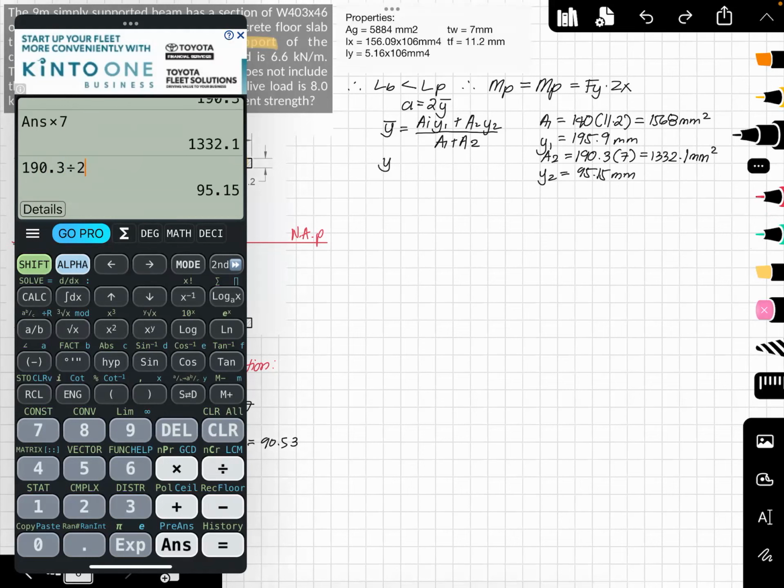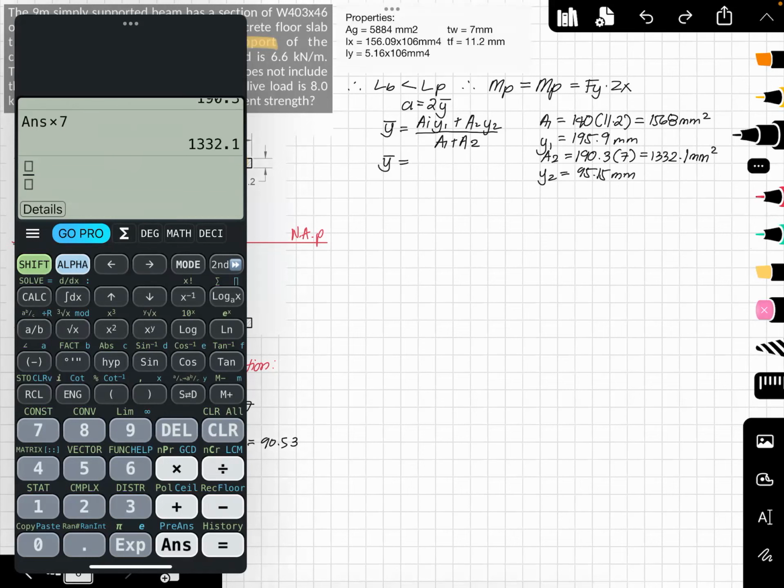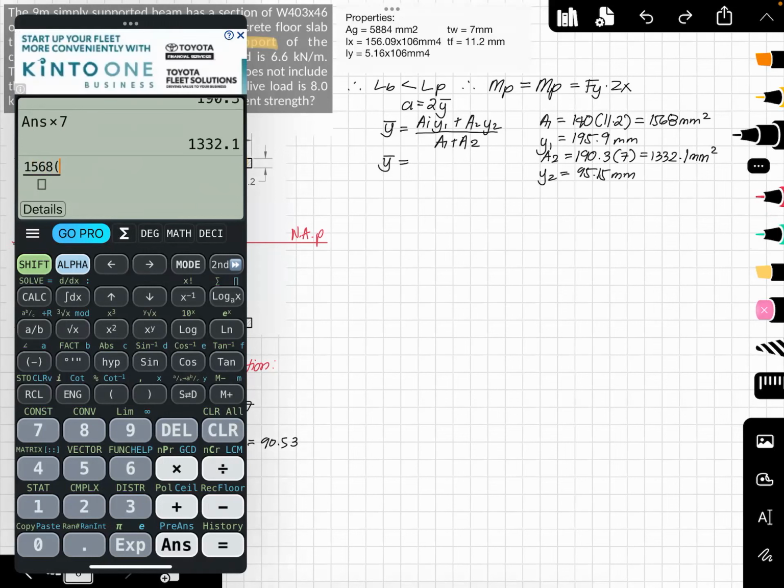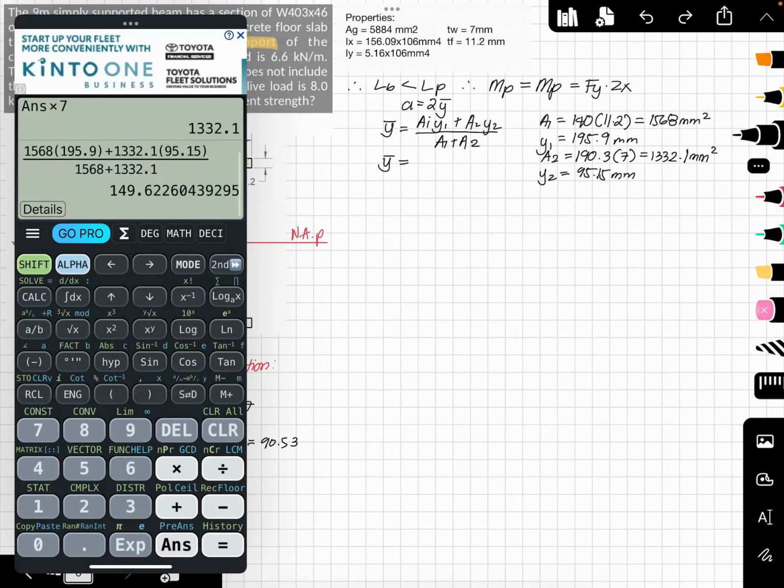So bar Y na is equal to, substitute lang natin. 1568 times 195.9 plus 1332.1 times 95.15 all over 1568 plus 1332.1. So 149.623.